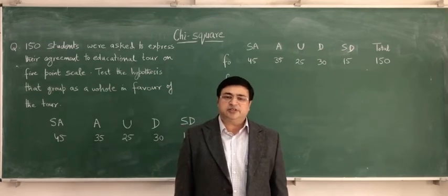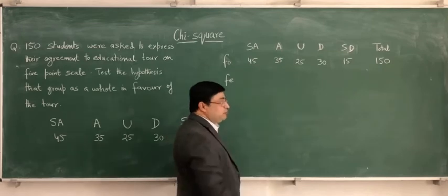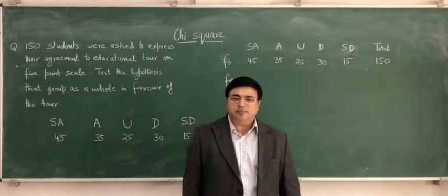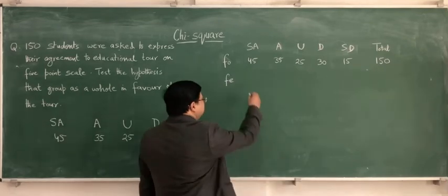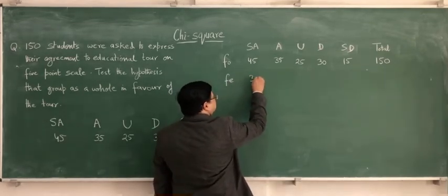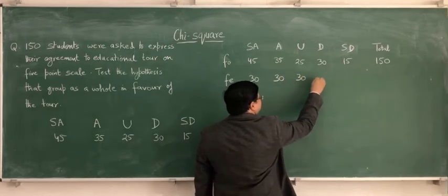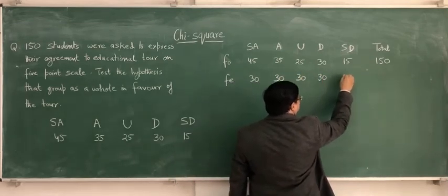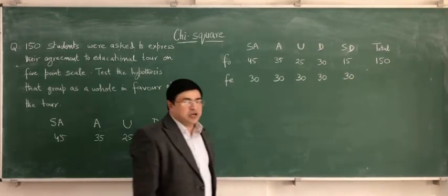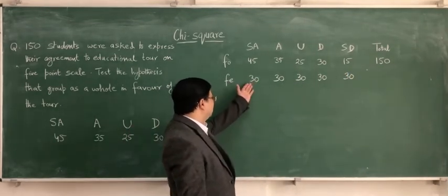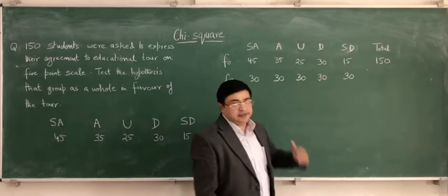So expected frequency will be, if we divide 150 by 5, we will get 30. In all the opinions, we will write 30. So if they are going to mark equally, the expected frequency will be 30, 30, 30, 30 and 30.